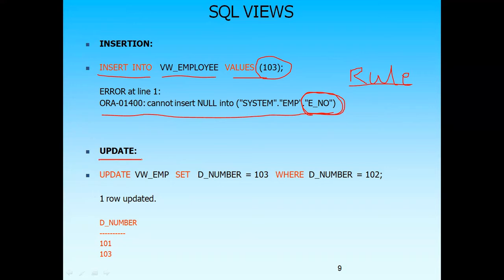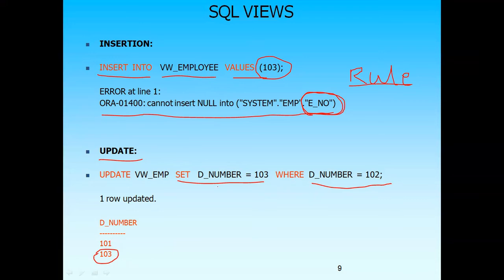Now the update operation, it will work. Why? Because the employee number is already associated with that particular record. So update view, my view name here, for example, EMP set D number equal to 103 where D number equal to 102. So now I want to change the employee department number 102 to 103.